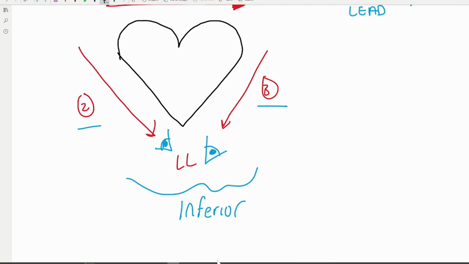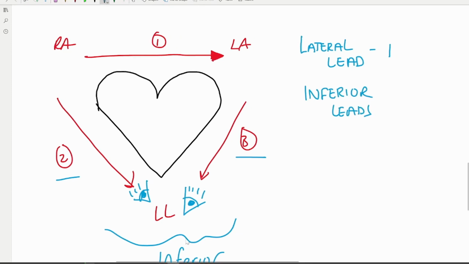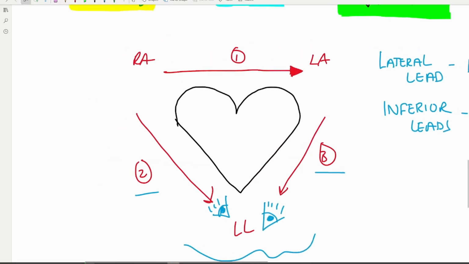Inferior to the heart. Okay, so just look at the eyeballs. They're looking upwards at the heart. So these are our inferior leads. And let's assign lead 2 and lead 3.